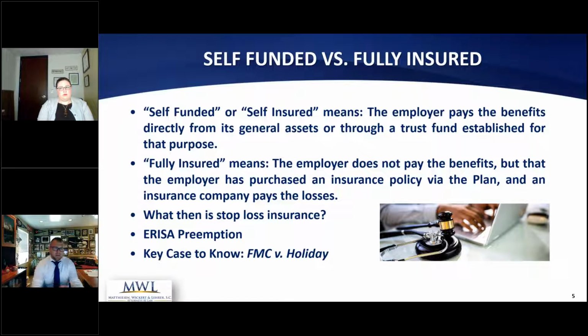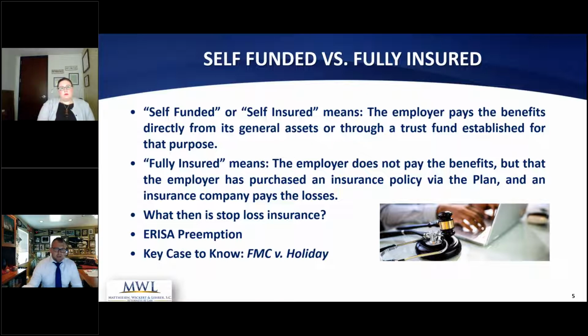We've talked about that in a prior seminar in greater detail, but stop-loss insurance is not health insurance. It's very different. Most self-funded plans will have some form of stop-loss insurance, but that's not the same as being fully insured. In fact, it still means that you're self-funded. That's a key distinction.